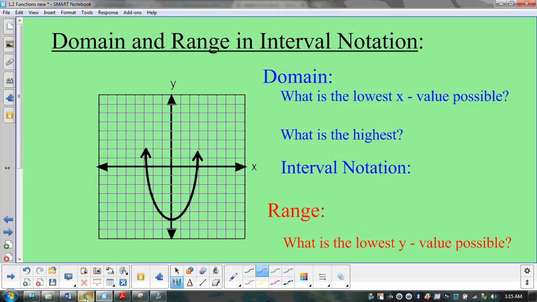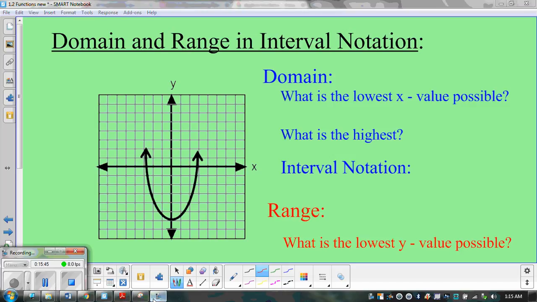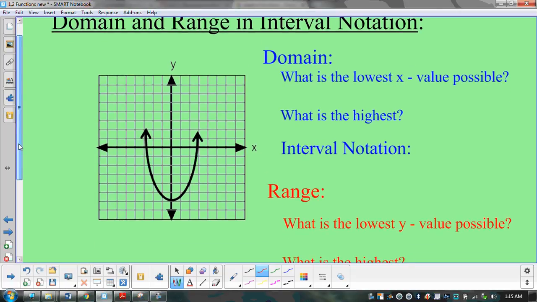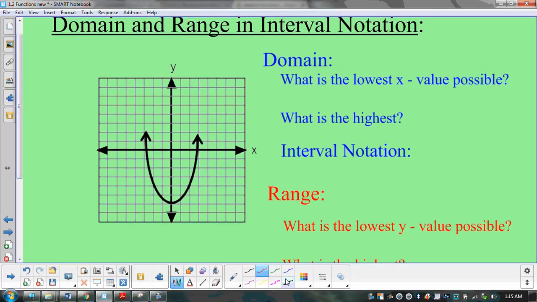Here's an interesting parabola that you will see second semester, but we still need to be willing to identify its domain and range. Let's look at the lowest possible x value. Well, remember, x goes from left to right. If this graph has arrows on the end, that means this graph keeps going and going to the left and up, and it keeps going to the right and up.